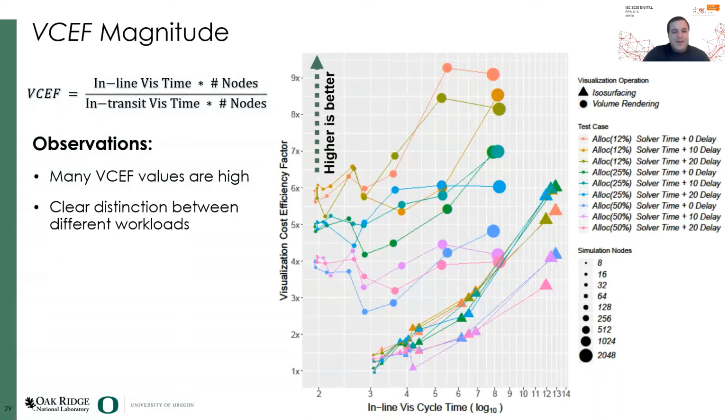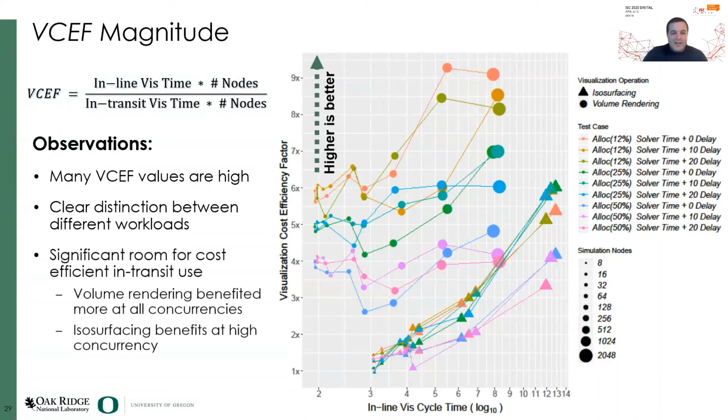And looking further, we can see that there's a clear distinction between our different workflows. We have the volume rendering workload, which is very well centered in the upper part of the graph, and the isosurfacing workflow, which is tightly clustered at the bottom of the graph. And so we can see with those 2 that we have significant room for cost-efficient use of in-transit.